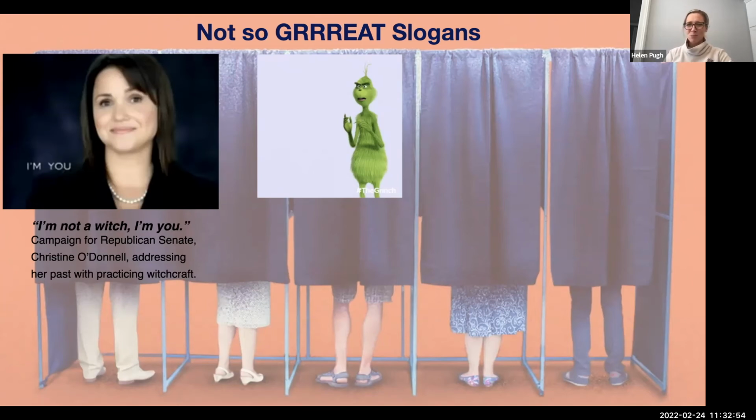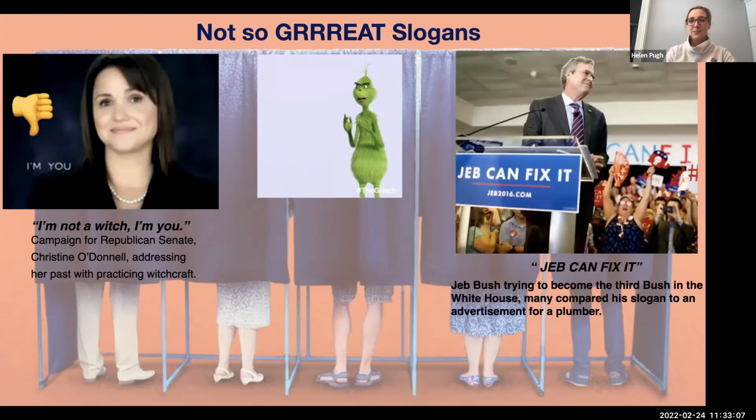You don't want those question marks when you get a campaign slogan. You don't, that's like, next, I'm not even listening to what you have to say because should have thought about it. So not so good.